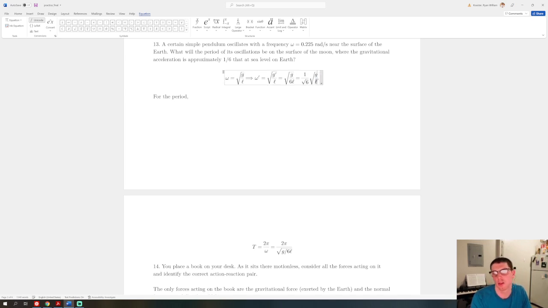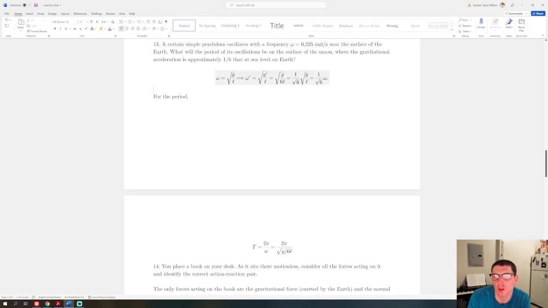So this is what I had intended for you to do: note that omega prime is just 1 over square root 6 times omega, which is known, right? It's the 0.225 radians per second. Or actually, you could have just used this to get the length too. So either way, it's fine. This is nice because we have this value already, so you get that it's omega over the square root of 6.